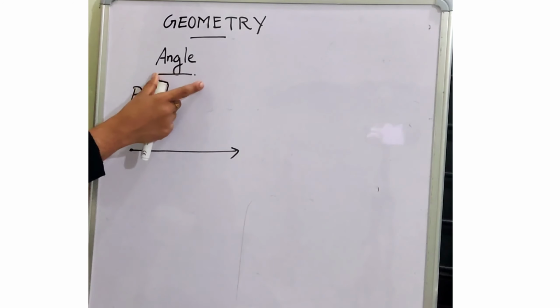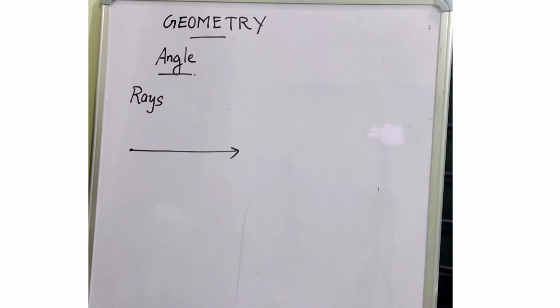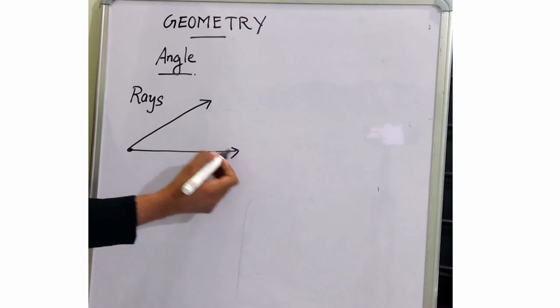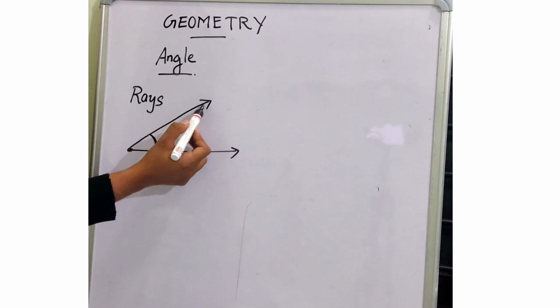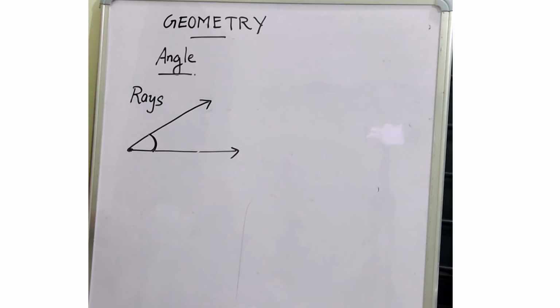So, how is an angle formed? An angle is formed when a ray meets another ray at a point. This ray and this ray meet at this point, then here an angle is formed. This is an angle. So we can say that an angle is formed when two rays meet at a point.